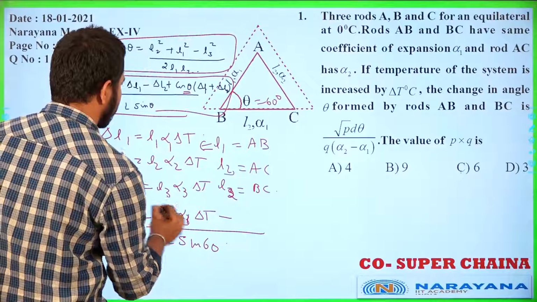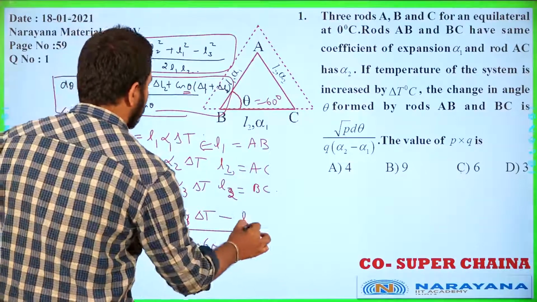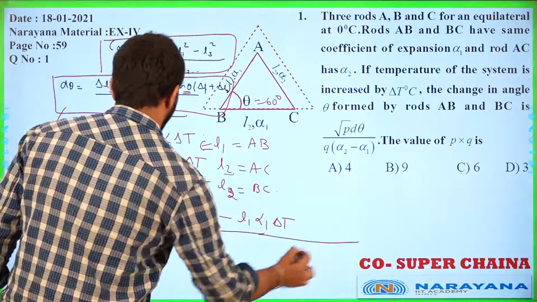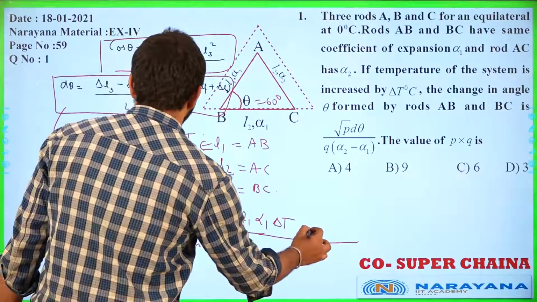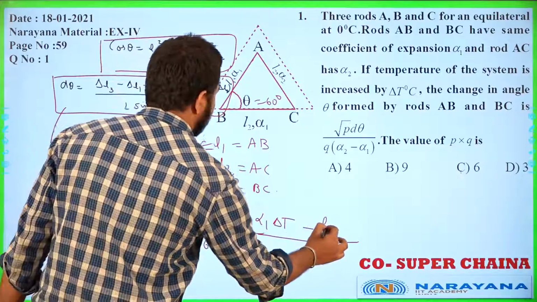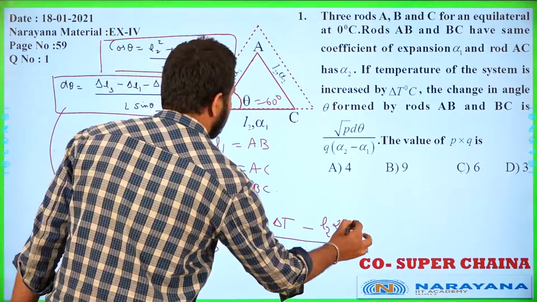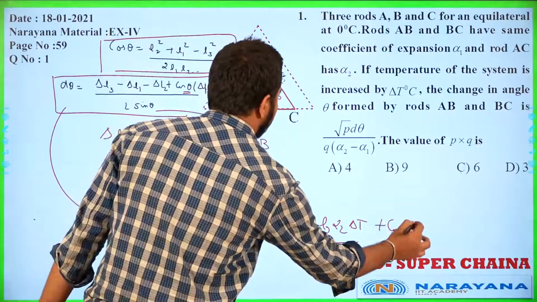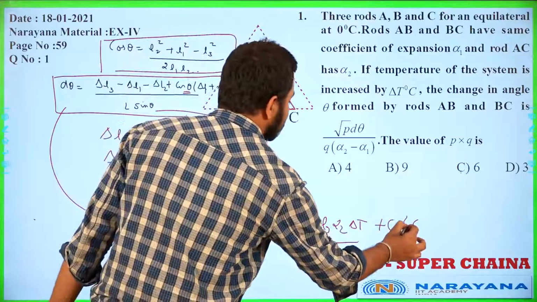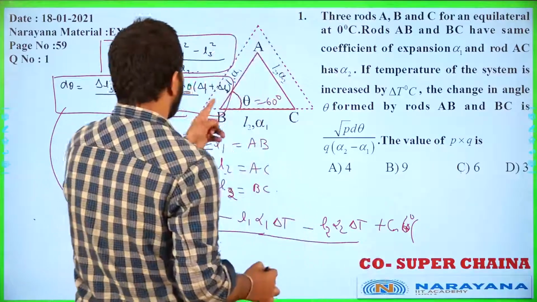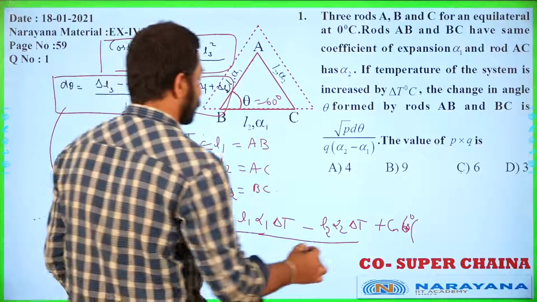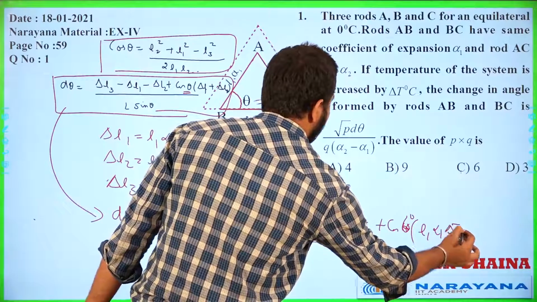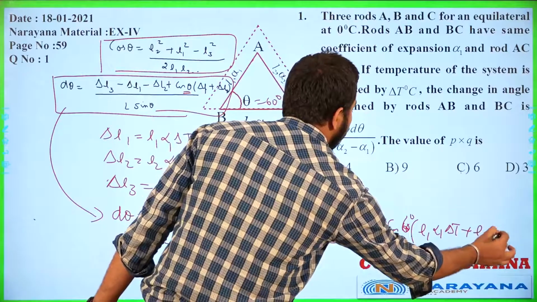So, L3 alpha 3 minus L1 alpha 1 delta T, minus L2 alpha 2 delta T, plus cos theta, so cos 60 times delta L1 plus delta L2. So, delta L1 will be L1 alpha 1 delta T plus L2 alpha 2 delta T.